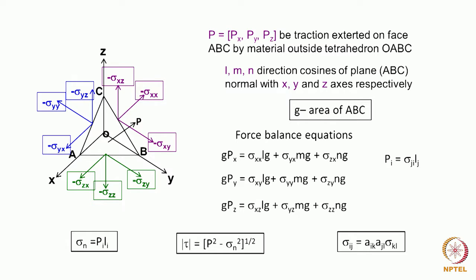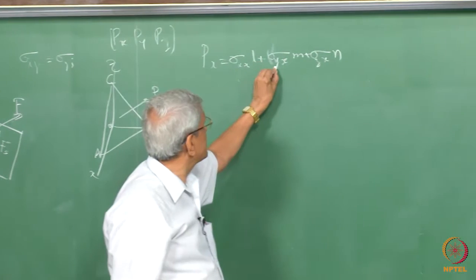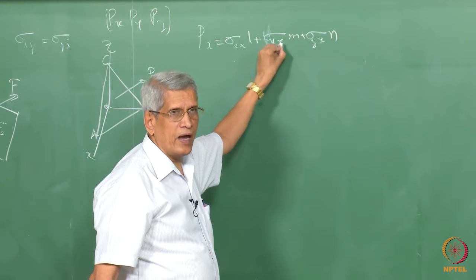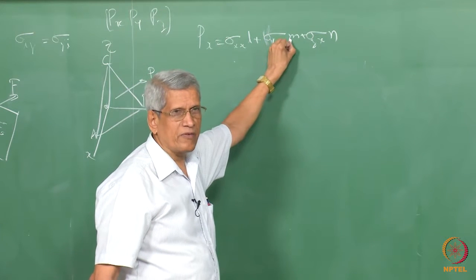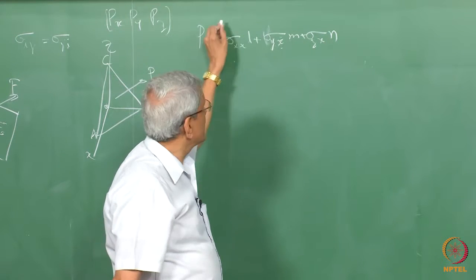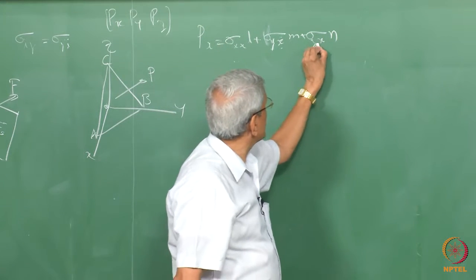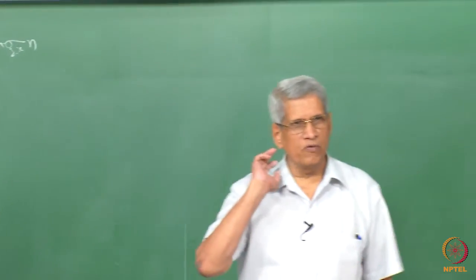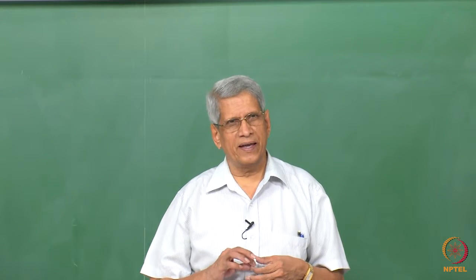plus sigma yx into M plus sigma zx into N, where sigma xx is the stress normal to the x. Sigma yx is the stress which is acting on the y surface but in the direction of x. So if we multiply it by the area, we are going to get the force. Sigma zx is essentially on the z surface, but the force which is applied in the x direction.